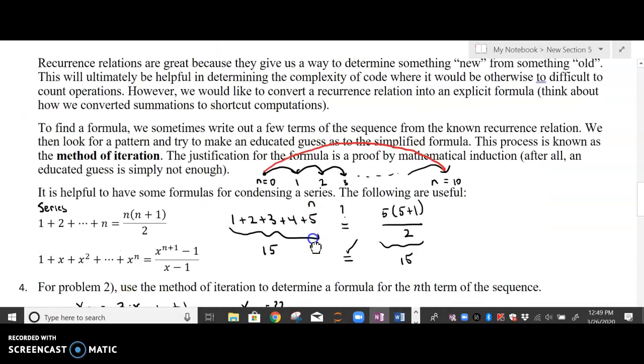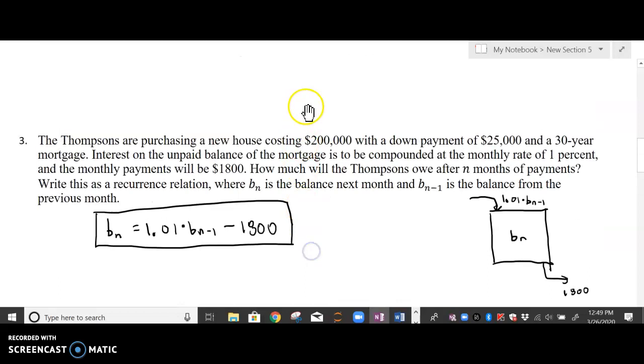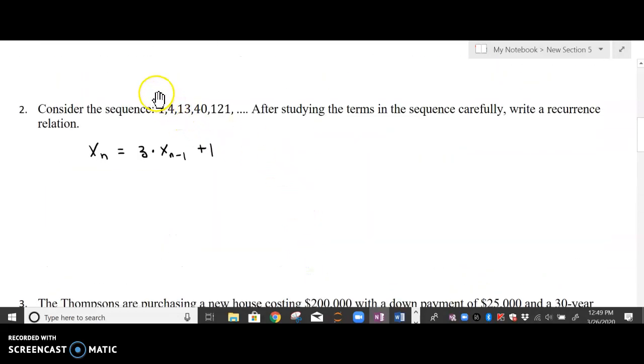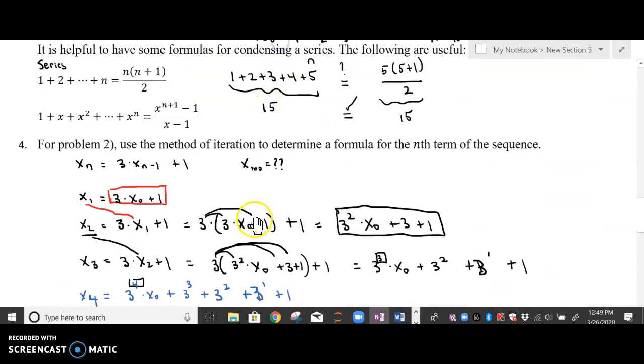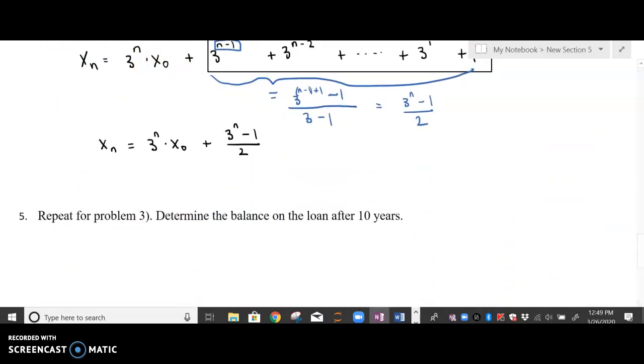Just to check that our formula works, let's go back and look: our x_0 is 1, x_1 is 4, x_2, x_3. Let's say I wanted to see if my formula will correctly output 121. That should be x_4. So check: is x_4 equal to 121?